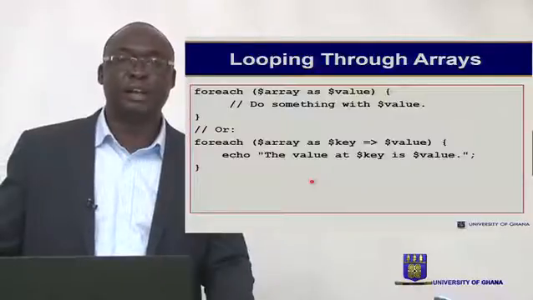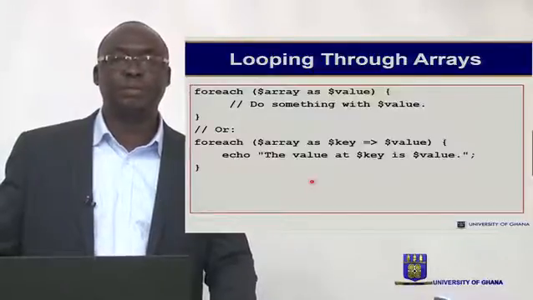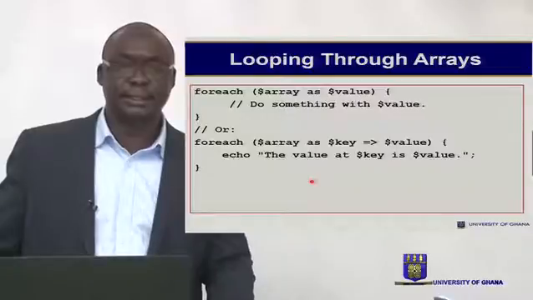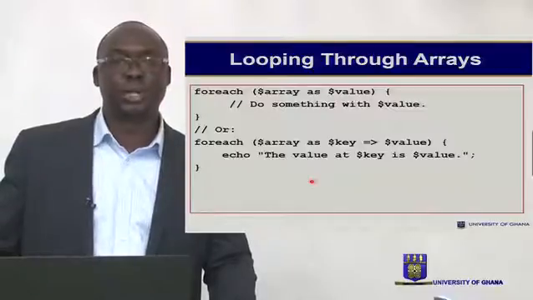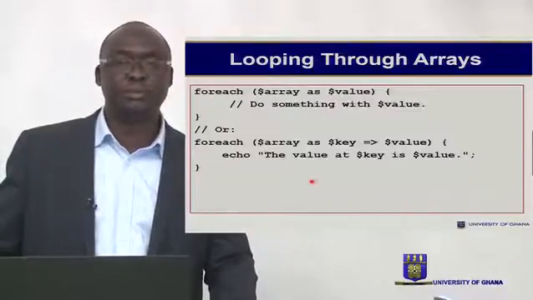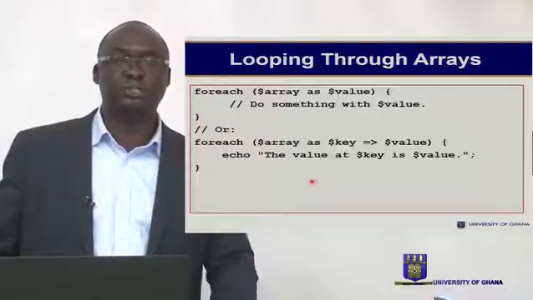But if it is an associative array, then it becomes very difficult to do that. So for associative array, we can easily use the foreach to do that. The foreach statement is used to access the content of the associative array.